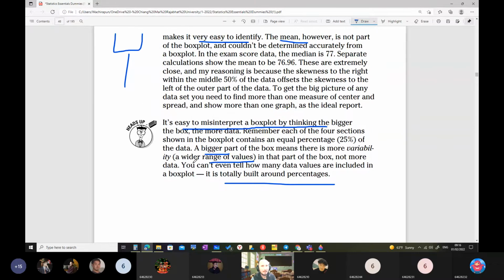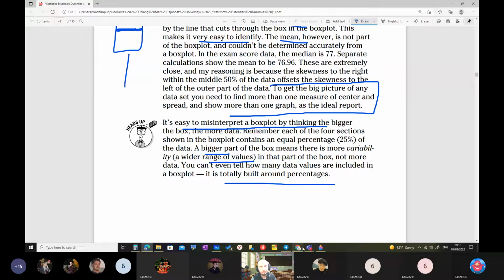If you're not trained to understand box plots, you will be confused. They need to show you several graphs so you can understand what is going on, okay? Several graphs of several things.